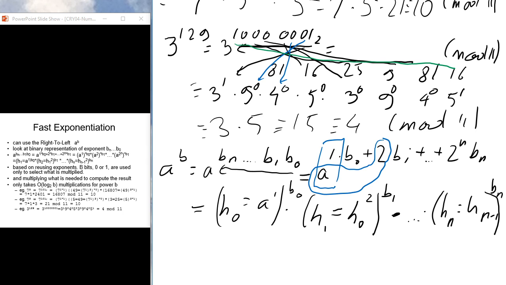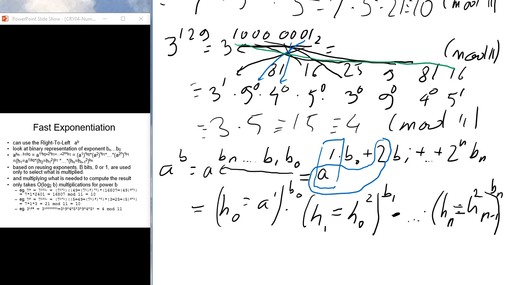The total number of multiplications needed here is the number of squarings that happen. So at each stage we need a square, which is a multiplication. The last one was also a square here. And the exponentiations at power b0, bn are not multiplications.